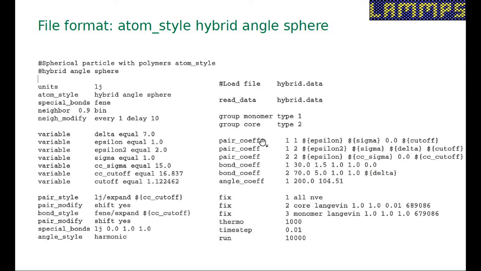Next, we have the pair coefficients. This is just information related to the extended Lennard-Jones potential, where we have to take into account the different size between the central core and the monomers. This is included by using this variable delta.